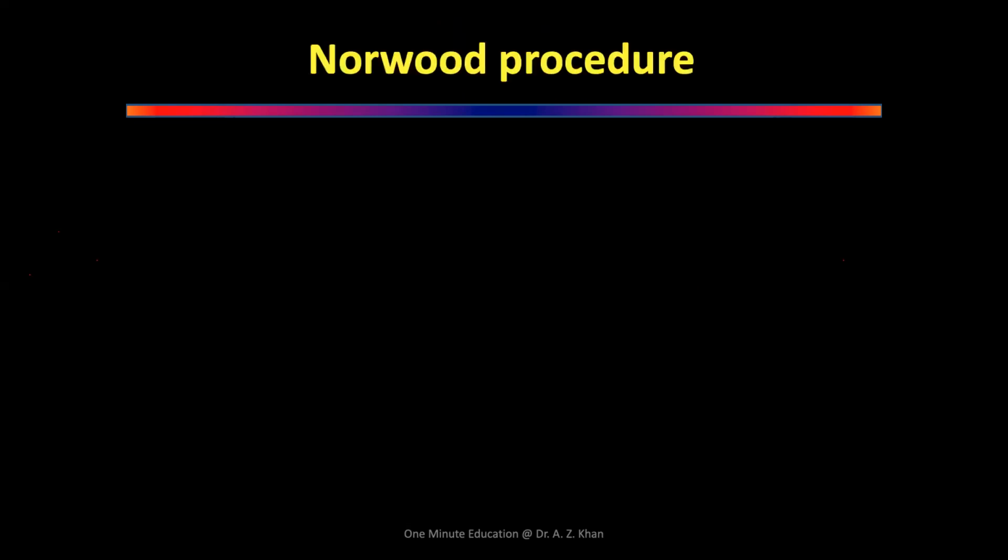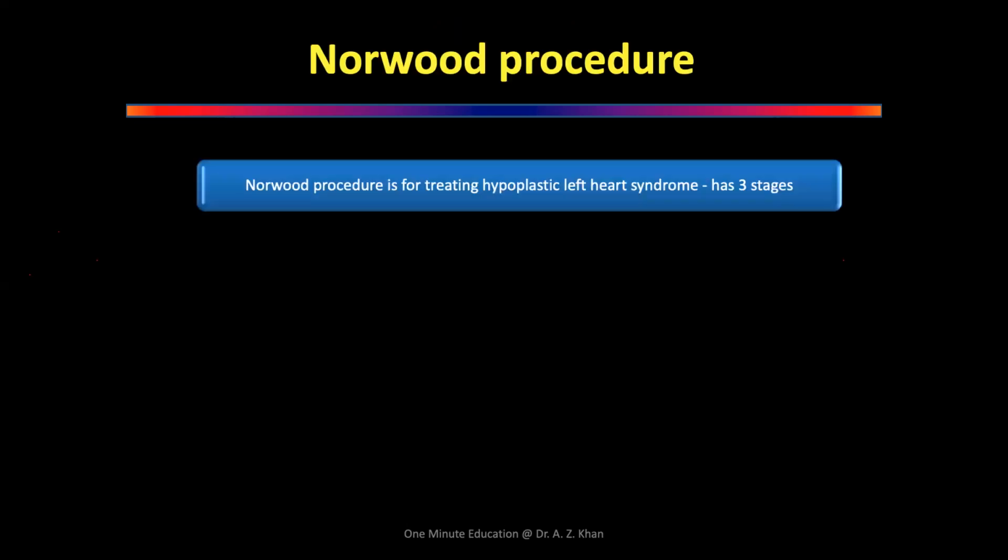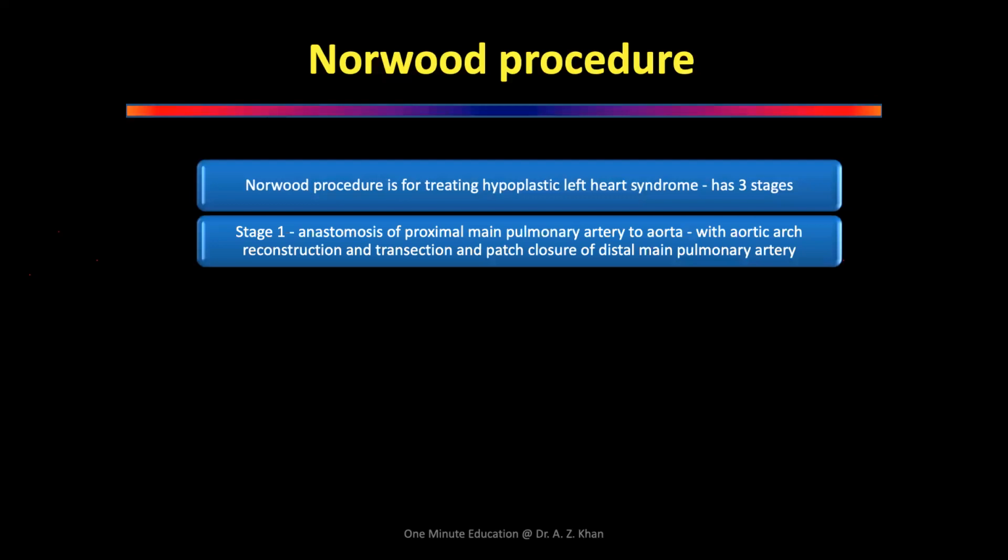Okay. All right. So let's talk a little bit about the Norwood's procedure. It's used for treating hypoplastic left heart syndrome. It has 3 stages. Step 1 is anastomosis of the proximal main pulmonary artery to the aorta with aortic arch reconstruction and transection and patch closure of the distal main pulmonary artery.